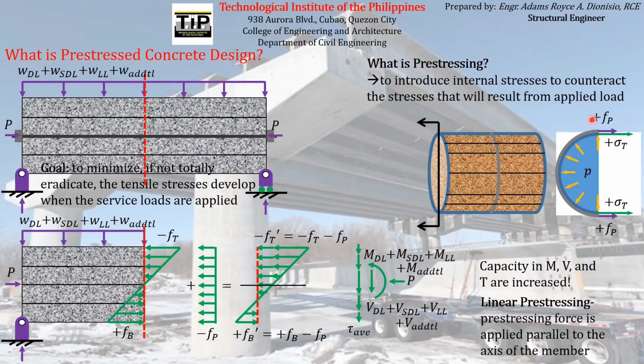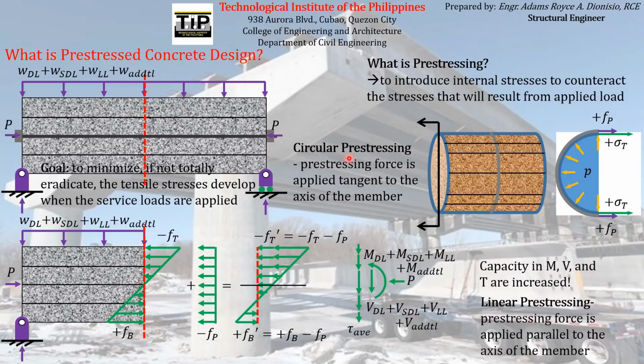So this kind of prestressing, wherein the prestress force acts tangent to the member, is what we call circular prestressing. So if we have linear prestressing, we also have circular prestressing. So what is circular prestressing?